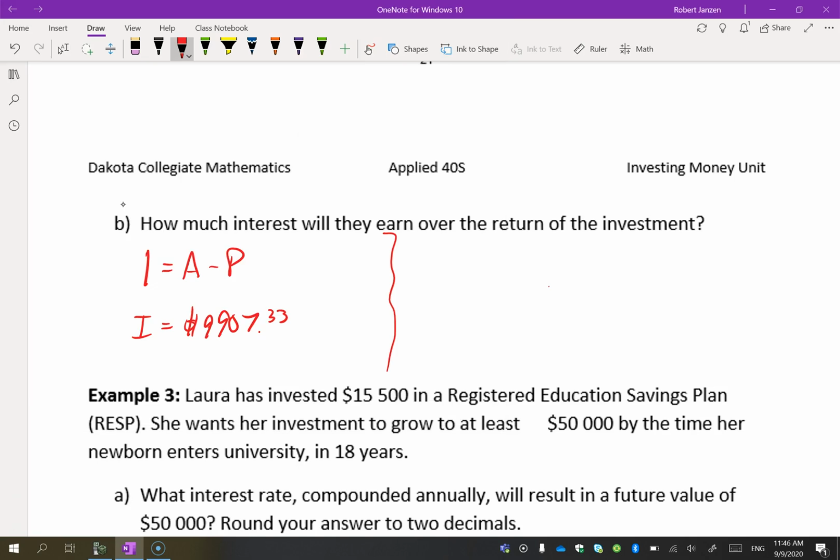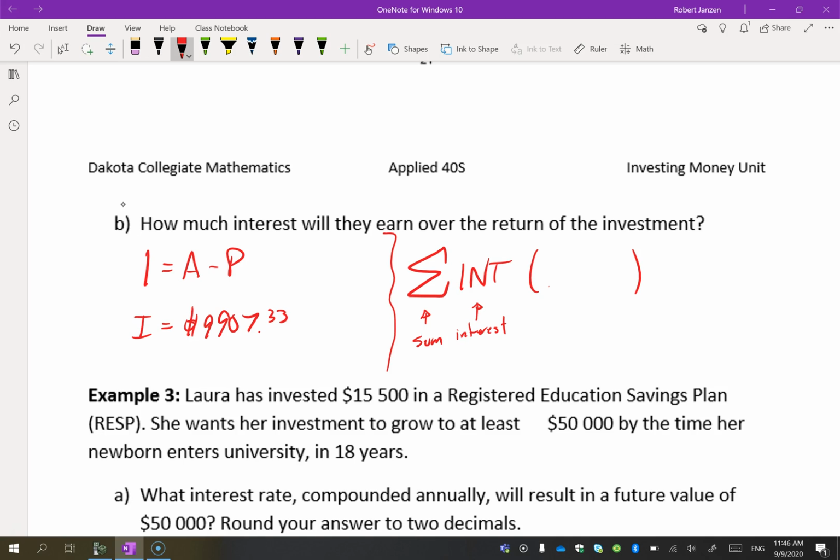Okay, let's write it down. It's this. And what this means is the sum of the interest. In other words, how much interest have I paid? But I have to tell it, what kind of interest are you talking about here?